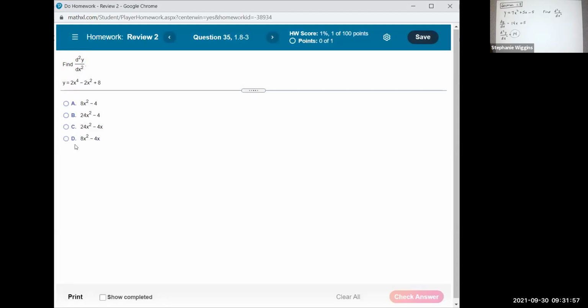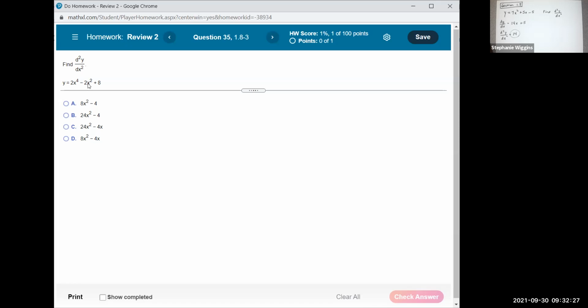Same thing here. You just take the derivative twice. I don't want to do all of these problems since they're so similar, but real quickly, if you take the derivative here, you get 8x cubed, because you take 4 times 2, minus 4x, and of course the derivative of 8 is 0. That's not the answer.